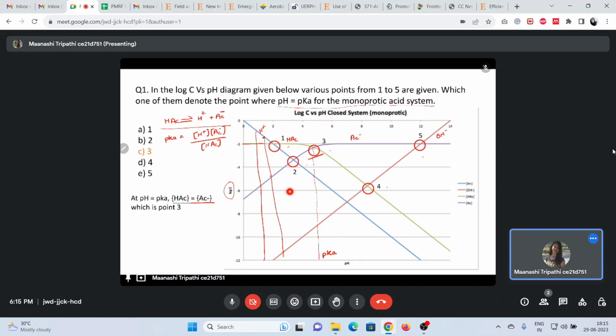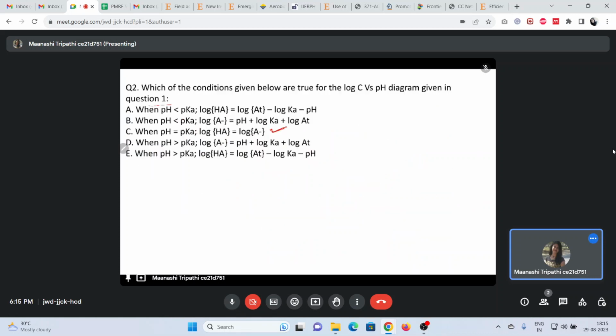So how do we write the equation for A negative? This is the solution: log A negative is equal to pH plus log Ka plus log AT. This is how we should write it. Sir has explained this point properly in the class, so please refer to the lectures to understand how we write these equations. Same goes for this.